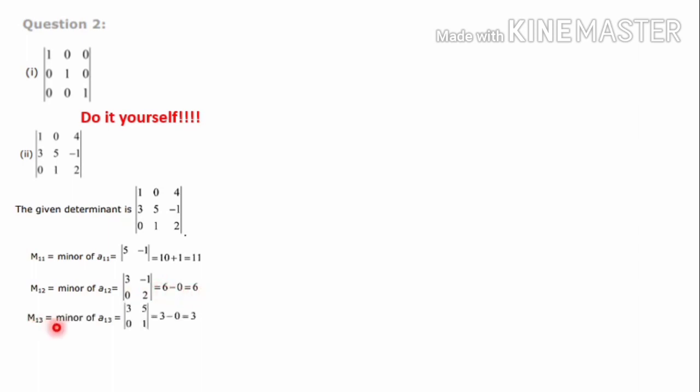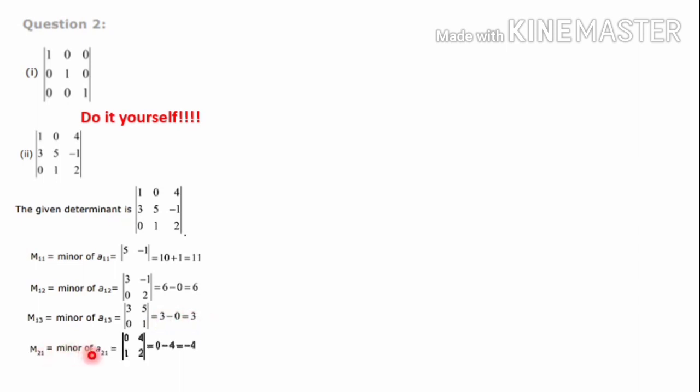Next M13, that is minor of A13. A13 is this one 4. So that row column is eliminated. 3 5 0 1 are the elements, that is written here as determinant. Calculate the value of the determinant, that is 3 into 1 3, 0 into 5 0. So 3 minus 0, that is equal to 3.